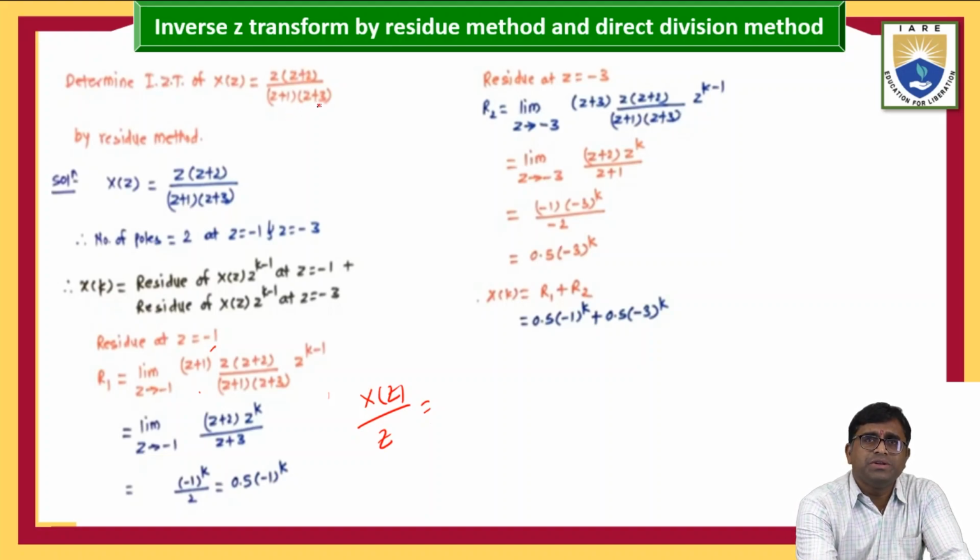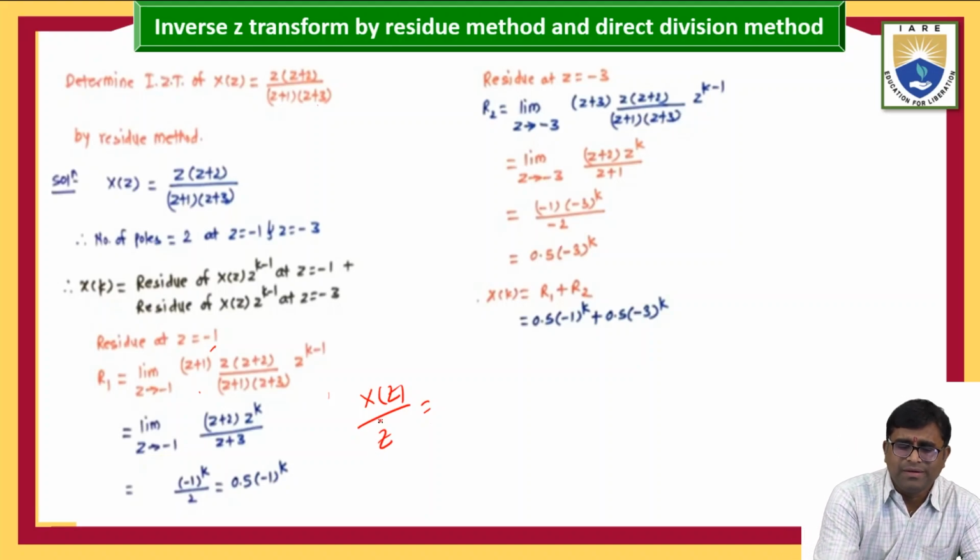I am going to verify the same problem with the partial fraction method. When we use the partial fraction method, the LHS will be in the form of x of z by z.